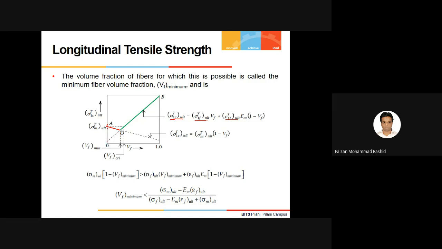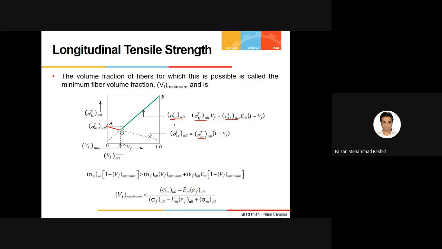Okay. And in case there is a failure, all the fibers have failed. In that case, the strength of my composite material will be dictated alone by the strength of my matrix, like this one. So if I plot for different values of fiber volume fraction, I will get a line like this one.